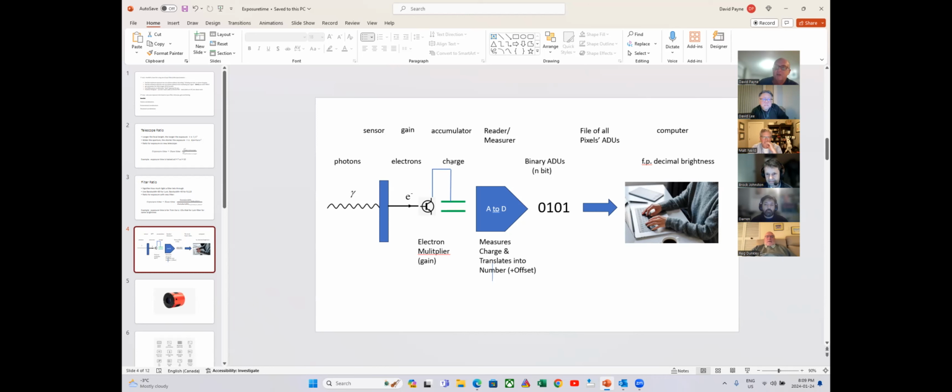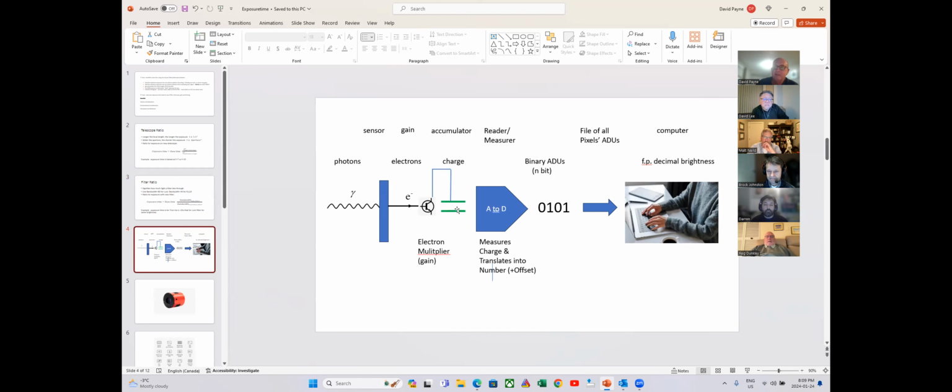That's basically an accumulator, where all the photons that hit a certain pixel have ejected a certain amount of electrons over time. That's been multiplied and then is saved on a charge until you're finished exposing. And it's this multiplier that really controls the gain.